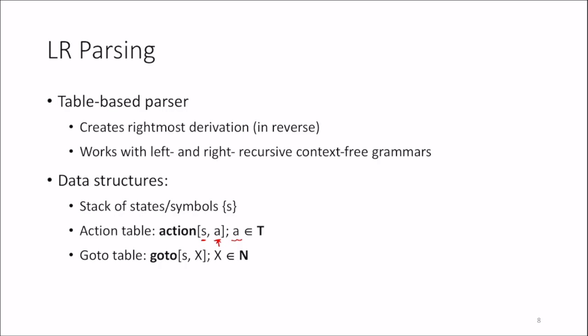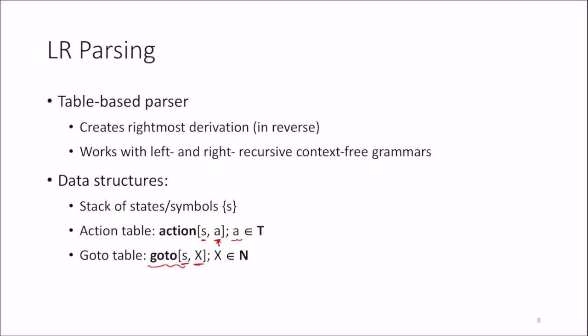But after that, we need to push a symbol as well, right? Assuming we've found the left-hand side, we need to continue parsing. And that information is provided by this lookup table called the Goto table. The Goto table takes two things: a state as well, and a non-terminal symbol. So this is the non-terminal symbol on the left-hand side. In both of these cases, the shift is easy.